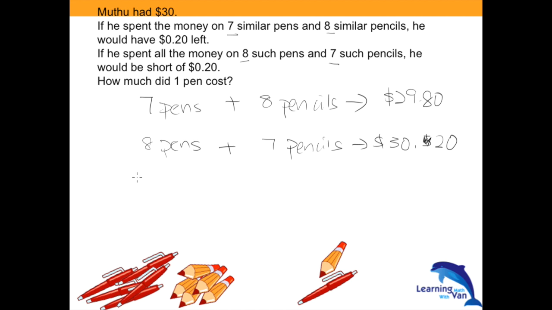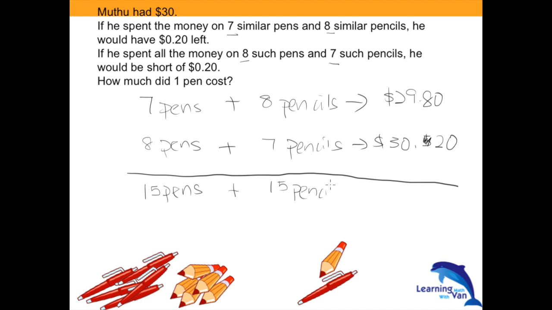Okay, so what do you see when you add up all together? You see beautiful numbers here. So 15 pens, 7 plus 8 is 15, plus 15 pencils. It'll give you the total cost of $29.80 plus $30.20. 8 plus 2 is 10. So 80 cents and 20 cents give you $1. Bring up, so you have $60. Am I right?